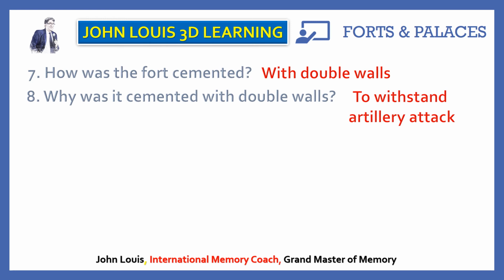The kingdom of Mysore was attacking the fort with all sorts of artillery, big tanks, and machine gun like equipment. So to withstand that artillery attack, heavy machinery attacks, Dindugal fort was cemented with double walls.